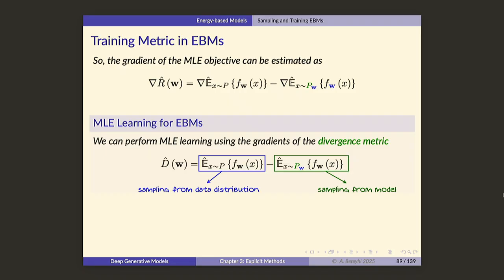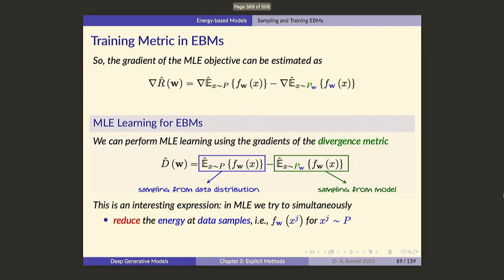So this is a very interesting observation we see here. We need to reduce energy at data samples because we know data samples are good guys, right? And when data samples are good guys, then energy is very low, because low energy means high likelihood. Remember, e to the power minus energy is the likelihood, right? So low energy is going to make us high likelihood.